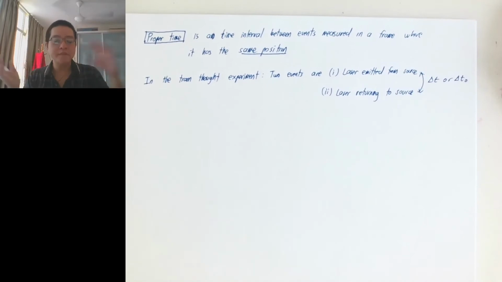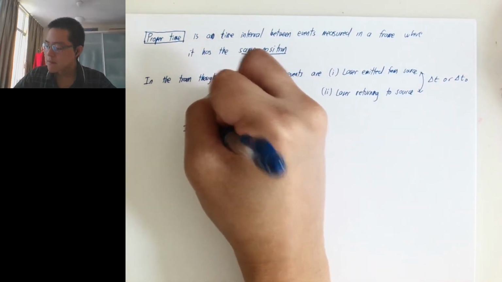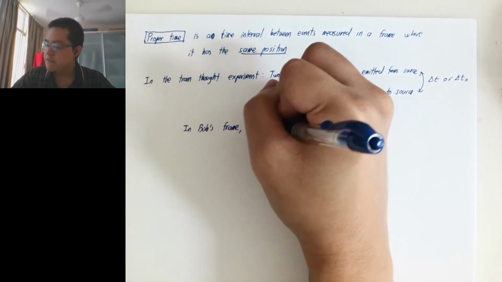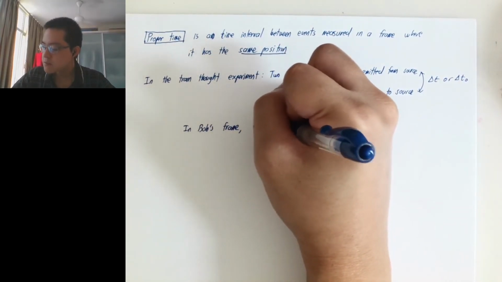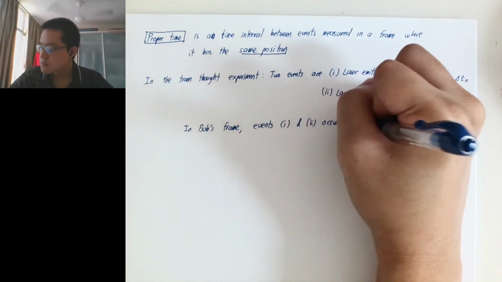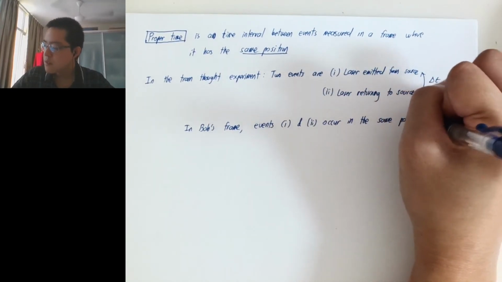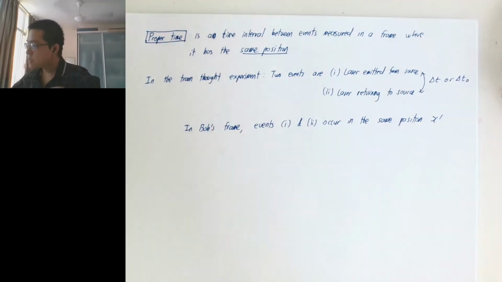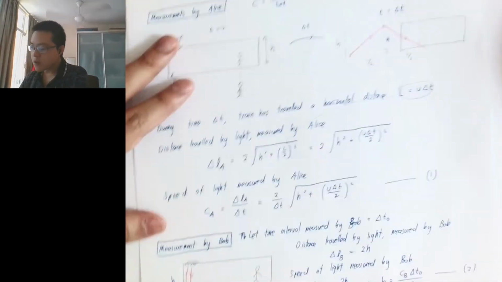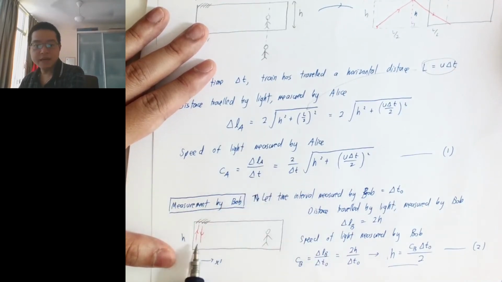The time interval is different, measured by different persons. In Bob's frame, events 1 and 2 occur in the same position, the same coordinate x prime. According to Bob's coordinate system, the laser leaving and coming back are at the same position.